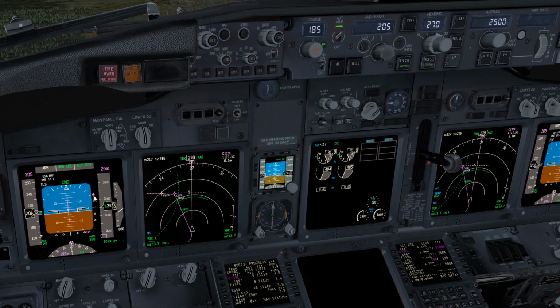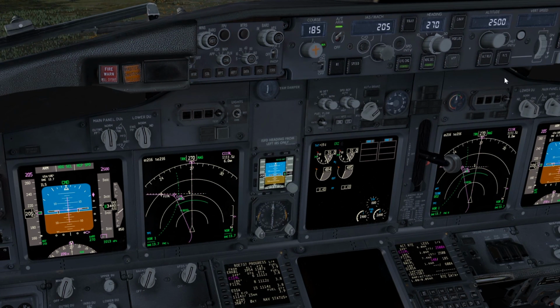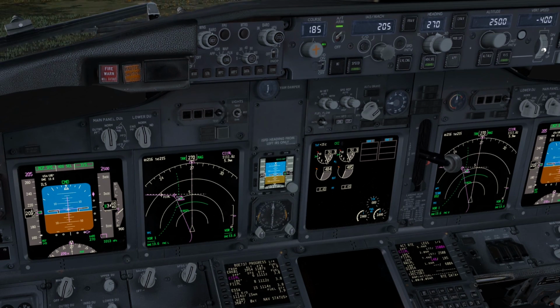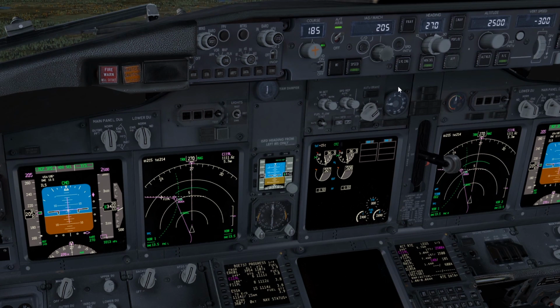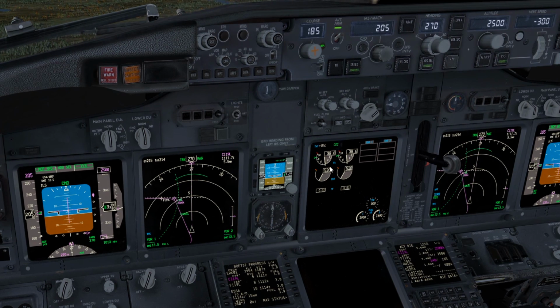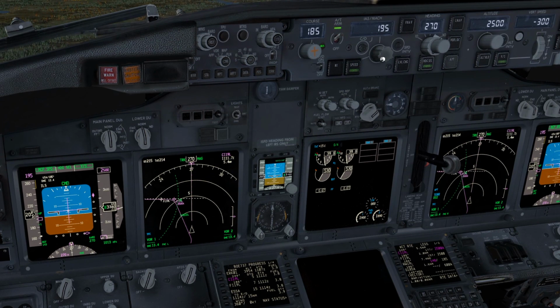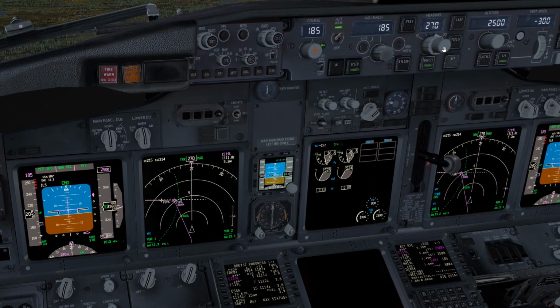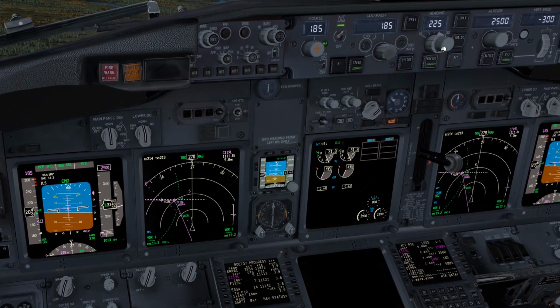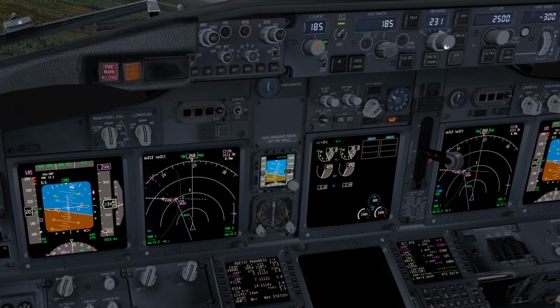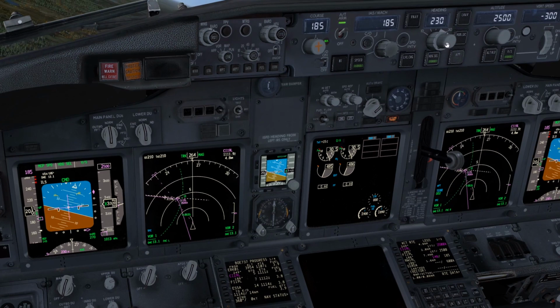So you see here we are below the glide path, so that means we can go to vertical speed. We can select -300, and we can also get some flaps out. So call for flaps 1. Can reduce the speed even more. Now ATC wants us to fly a heading of 230 degrees.